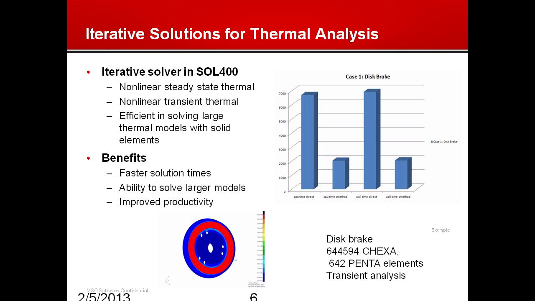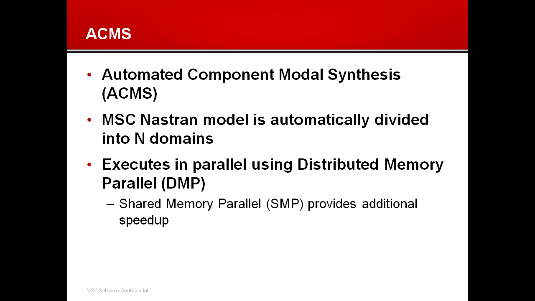So this was an example of a heat transfer problem that was performed using the iterative solver. And these are basically the CPU times using a direct solver and using an iterative solver, or the wall times. And you can see that using smarter algorithms can do a tremendous amount in reducing your wall time.